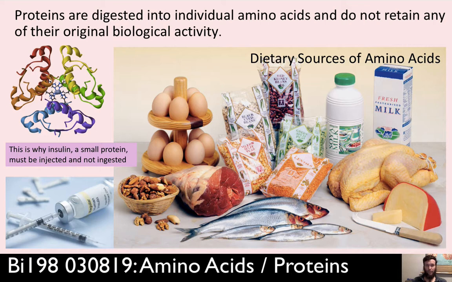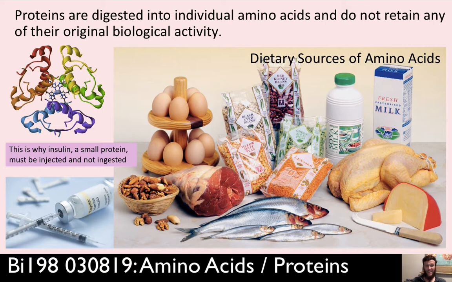Your digestive system breaks a protein down into the individual amino acids that make them up. This is why insulin has to be injected. Insulin is a protein that the beta cells in your pancreas make, a small protein that is responsible for helping the cells take up sugar into themselves.